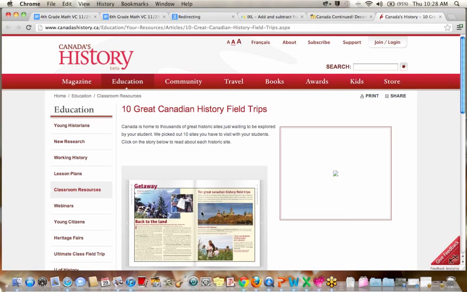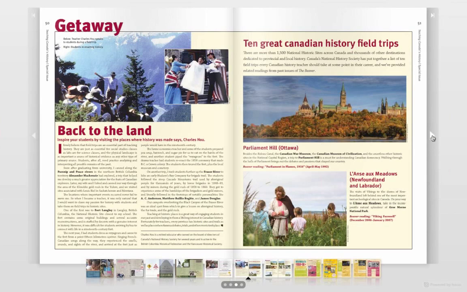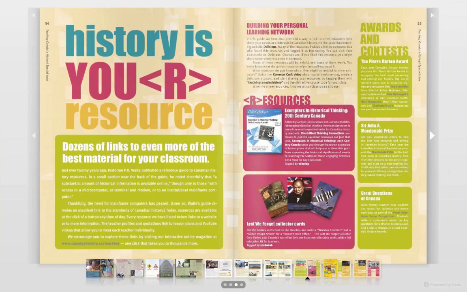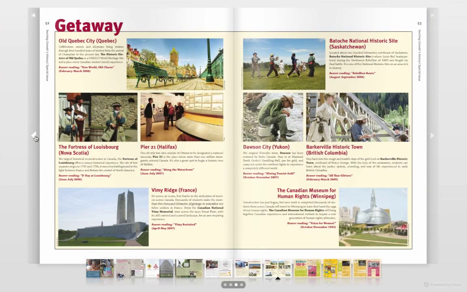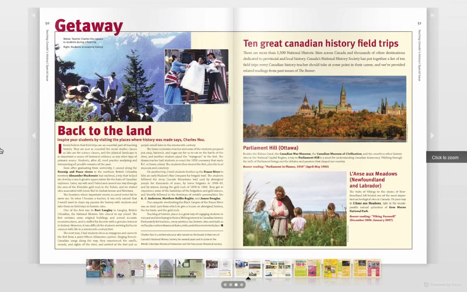But I made it even easier for you. I just linked it right away. So you'll just click on this, and you can see it has 10 different field trips for you to choose from. It's only a couple pages of reading. It's this page, and then this first page.